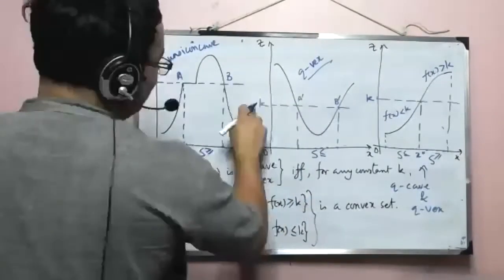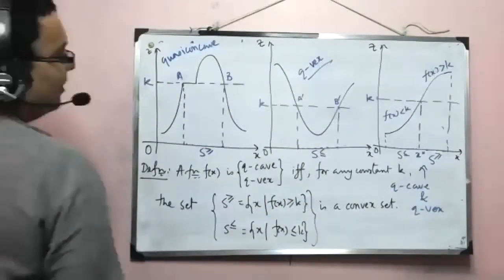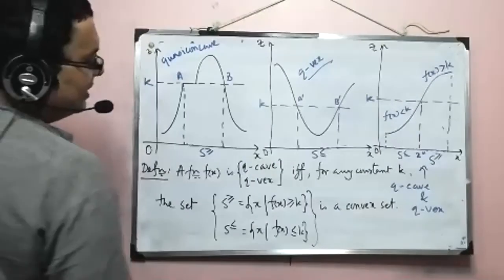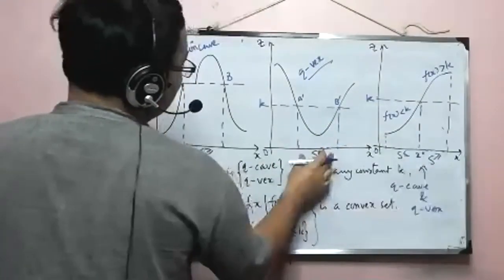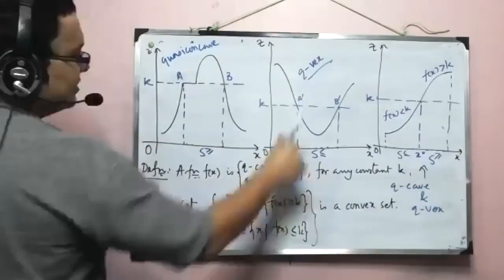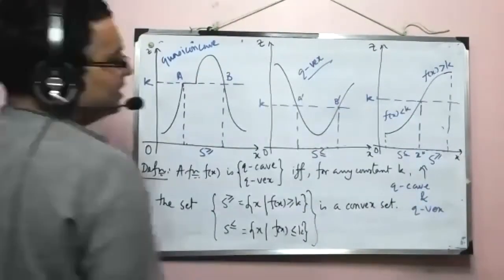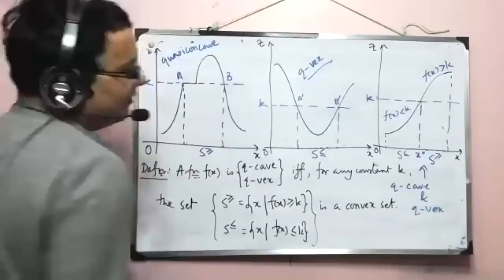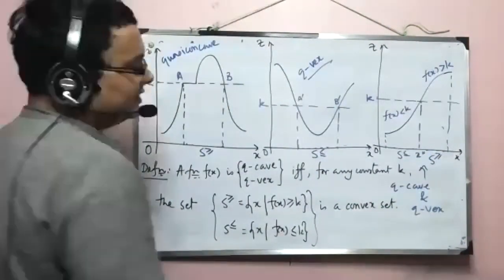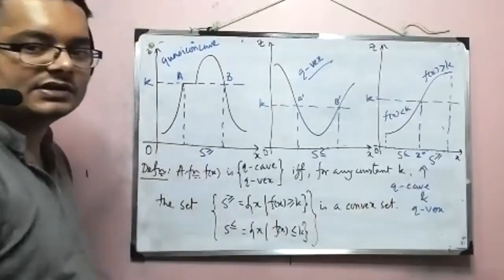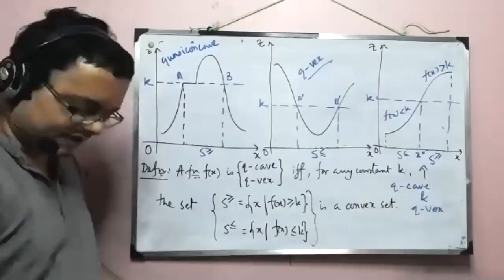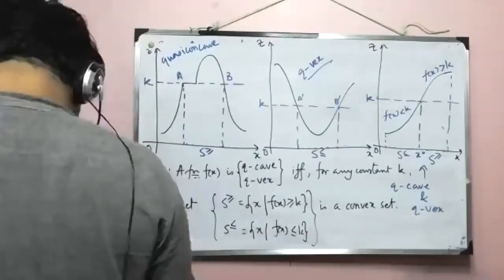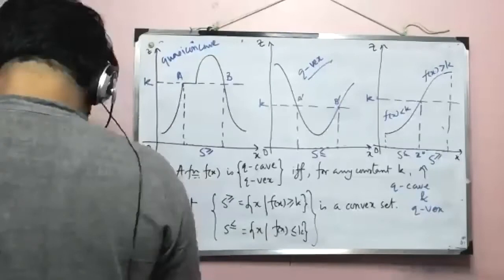Here also I fixed k, then looked for the f(x) above k and below k, and found that for f(x) below k it becomes a convex set. So this is quasi-convex. For the third one, I see convex sets on both sides, so it becomes quasi-convex and quasi-concave at the same time.